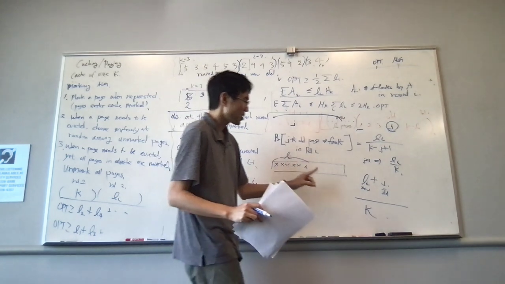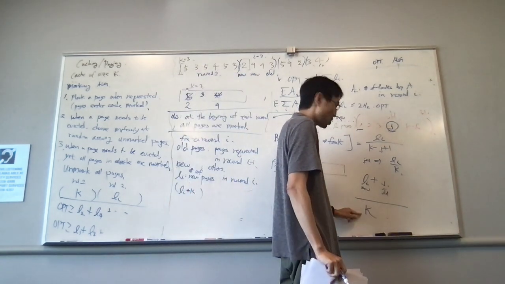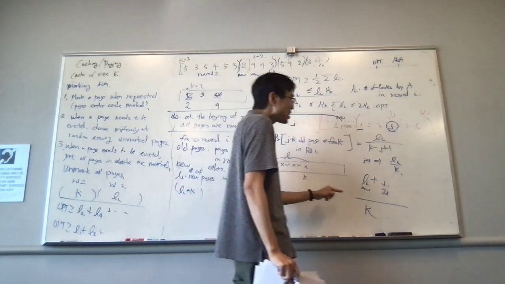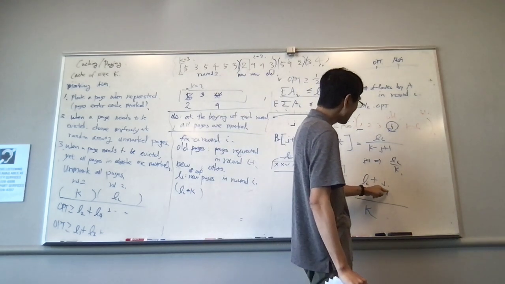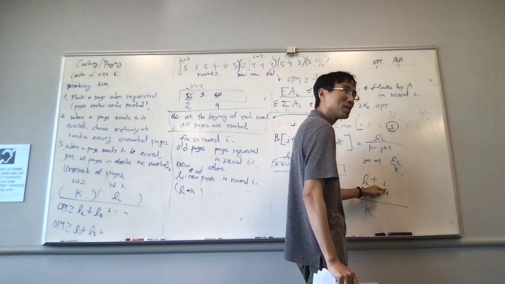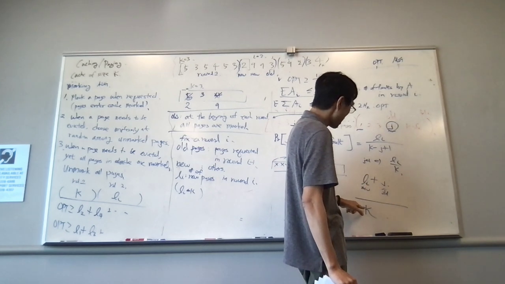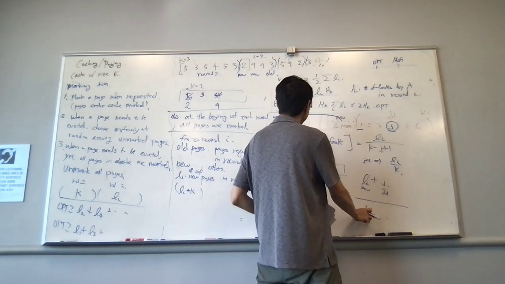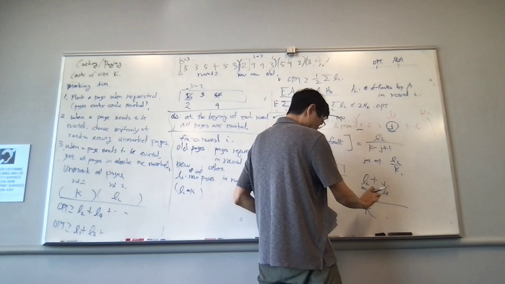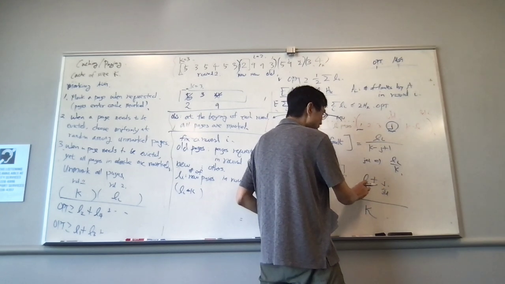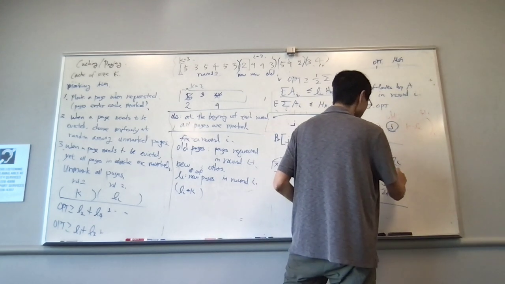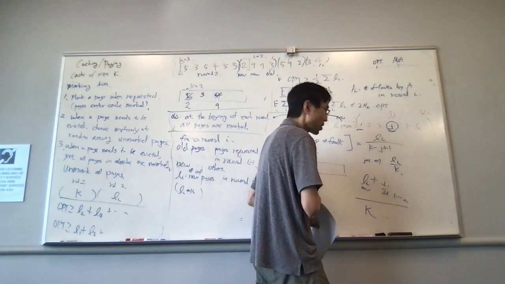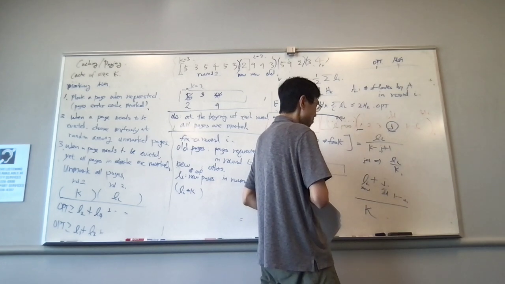There are k old pages here, but we're thinking about j pages. We have a cache of size k, and you're looking at the Li new pages and old pages 1 through j.